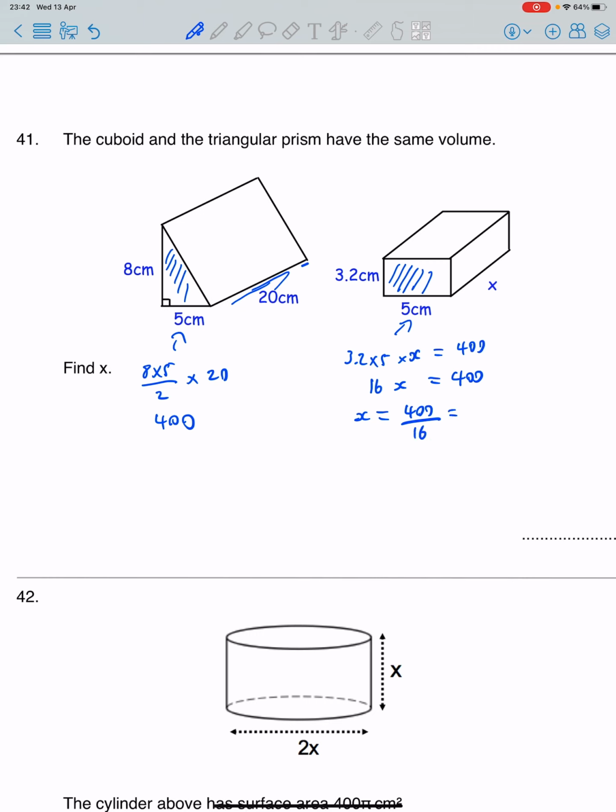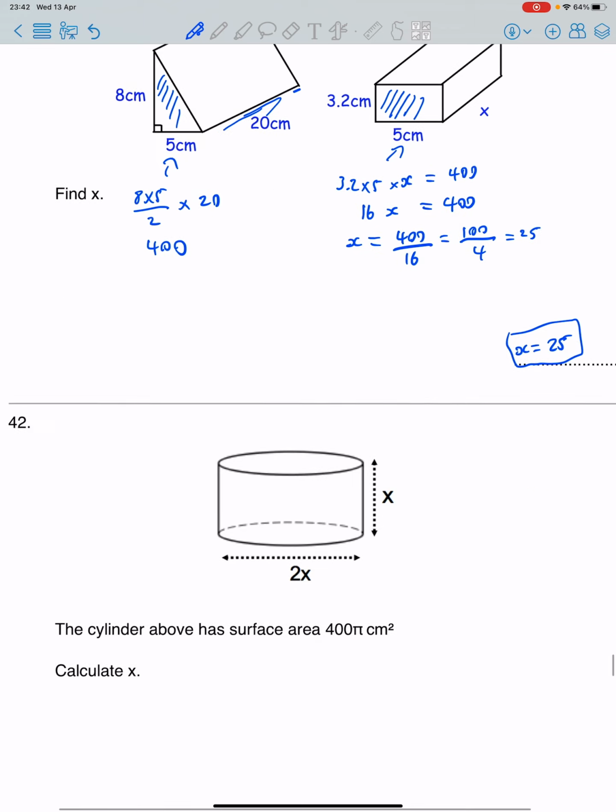So we can just simplify this, so it's 400 over 16, divide them both by 4, that's 100 over 4. Oh, look at you, that is 25. So x equals 25. Next question.